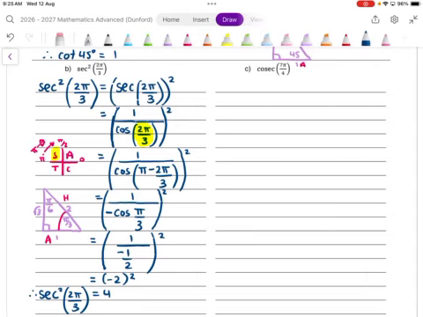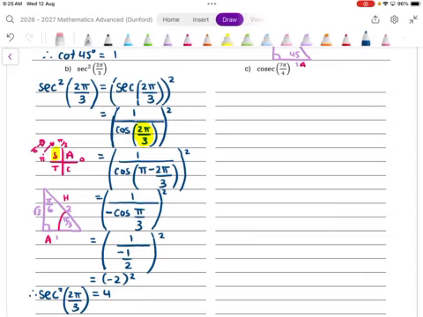Now, we can't put sec into our calculator. On our calculator, we don't have our sec button. But let's just put my calculator into radians really quickly and check whether we can do this on our calculator.